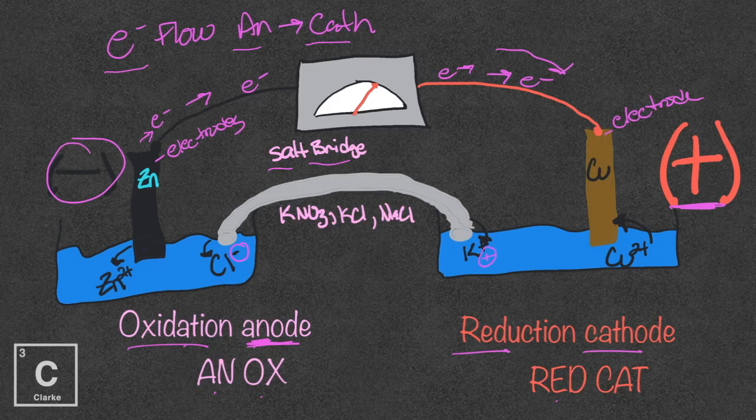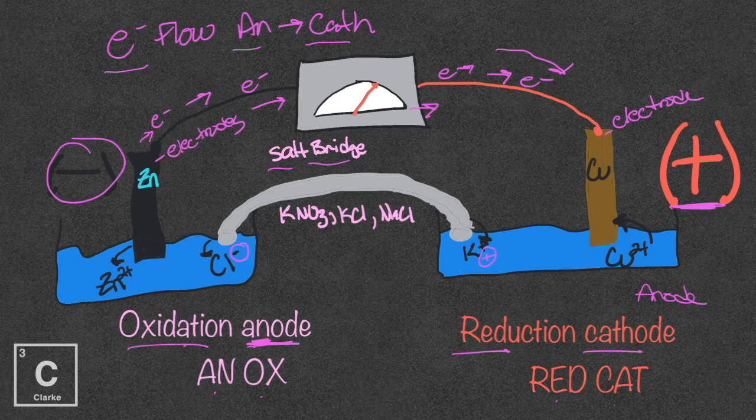When you have your oxidation at the anode and your reduction at the cathode, these electrons will just automatically start flowing. That's what it's called, spontaneous. If this was flipped and we were going to call this side the anode, nothing would happen because the electron flow would not go in the right order to create electricity.